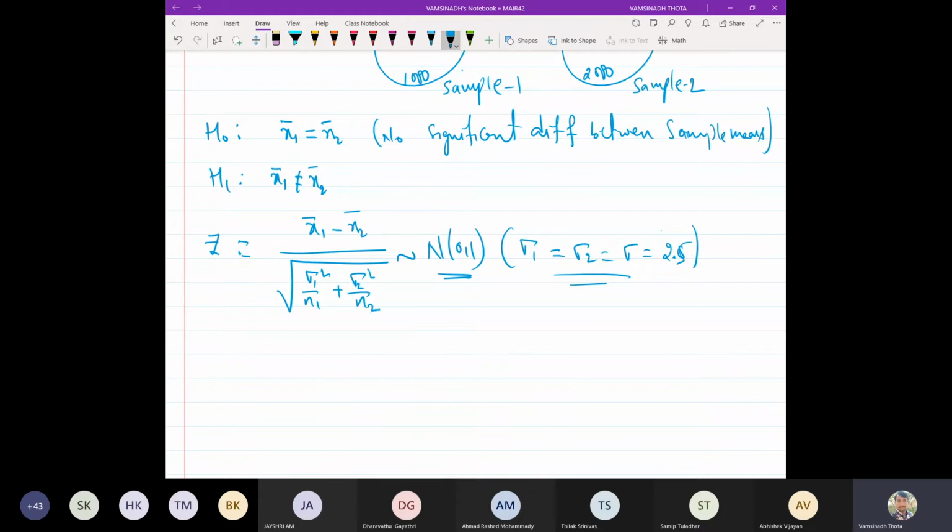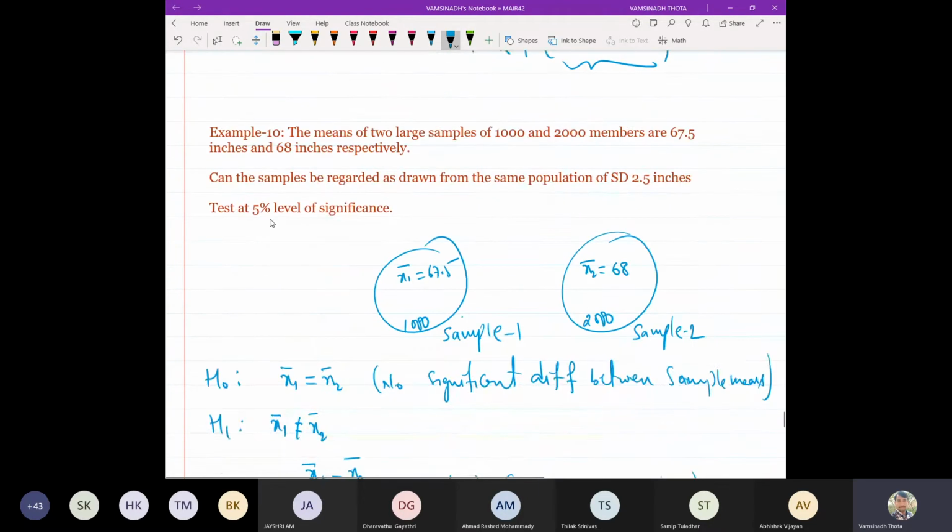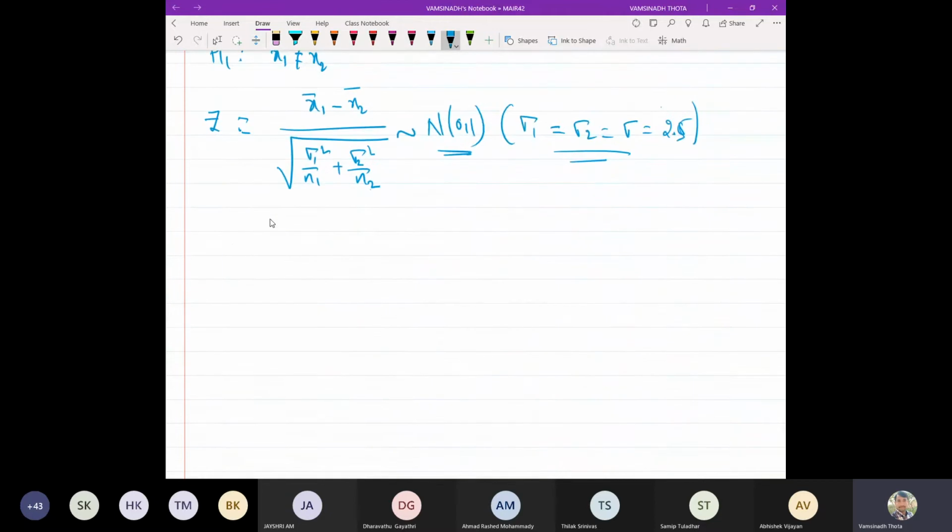So that's all. Now, at what level of significance do we need to check? 5% level of significance. It is, of course, a two-tailed test. Now, what is Z alpha at 5% level of significance?